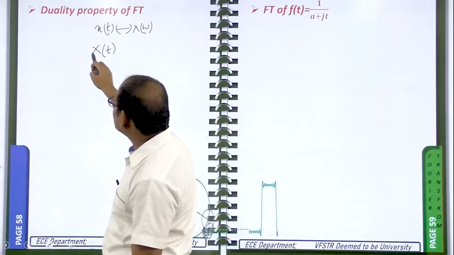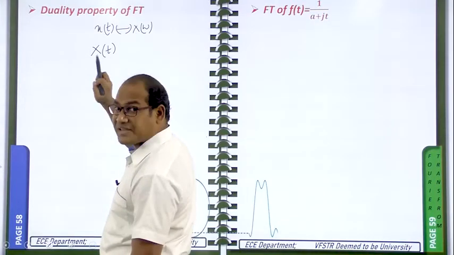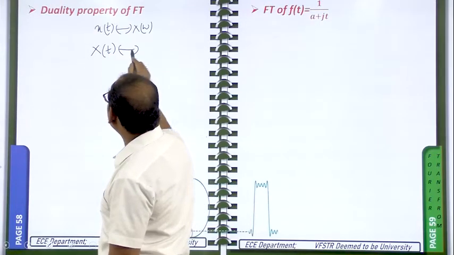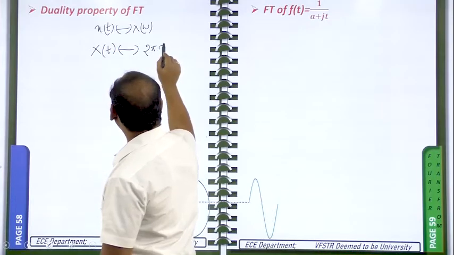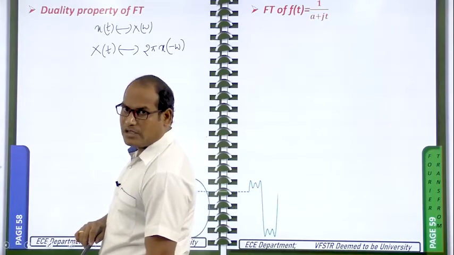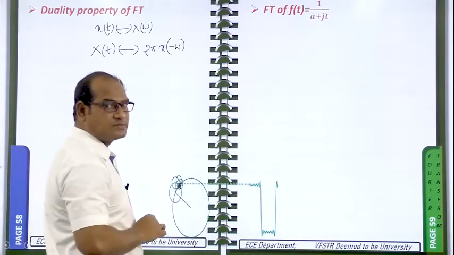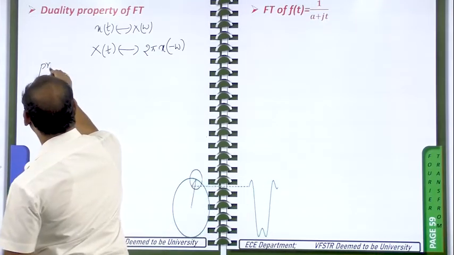Now the sampling function I am bringing to the time domain. So capital X of t represents the sampling function in the time domain. Then here 2 pi will be multiplied, then this small x will come to the frequency domain, but here frequency reversal has to be applied. Okay, this is nothing but the duality theorem statement. Now we need to prove this. So, proof.